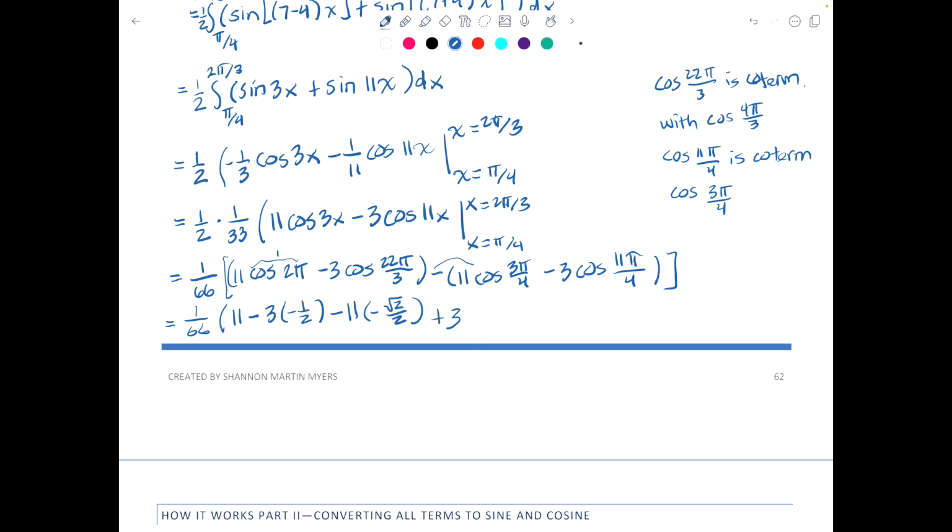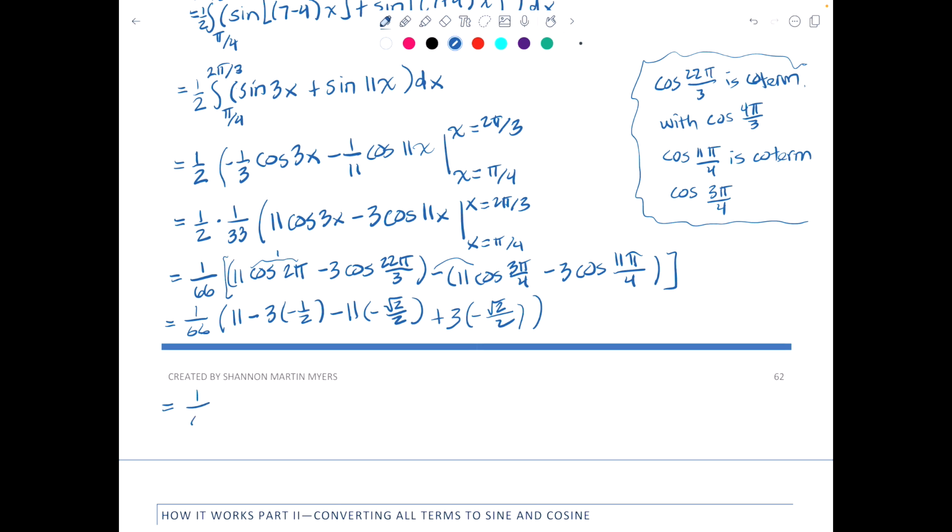It's a little weird. And cosine of 3 pi over 4, we just did that, right? And that was negative root 2 over 2. Cool? And this is just kind of a note. Coterminal means they all have the same trig outputs.